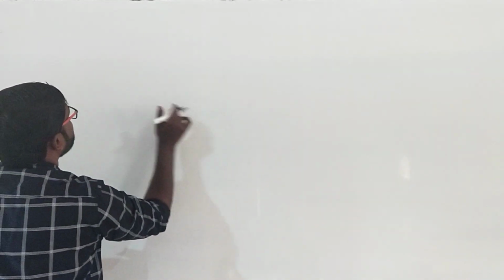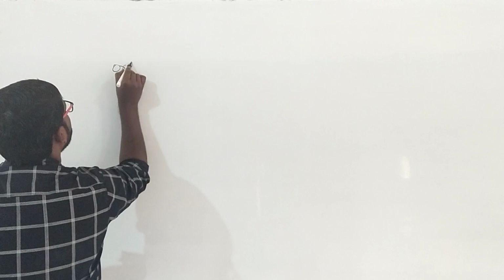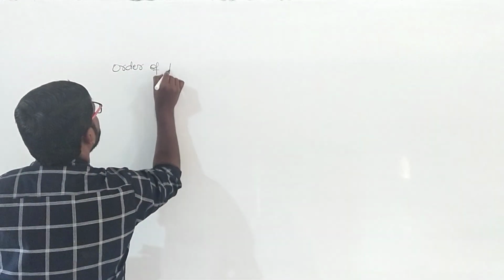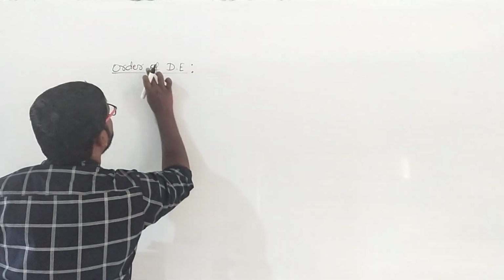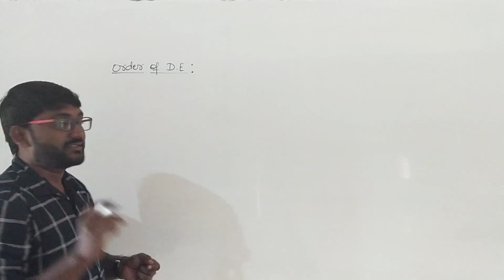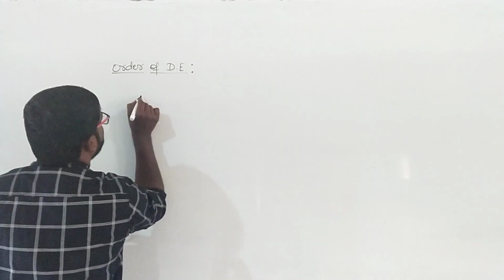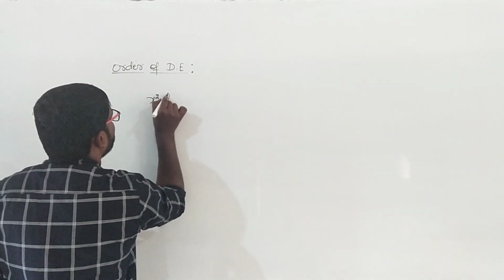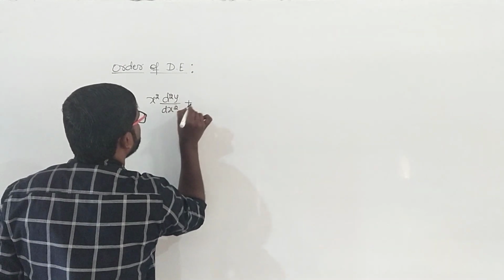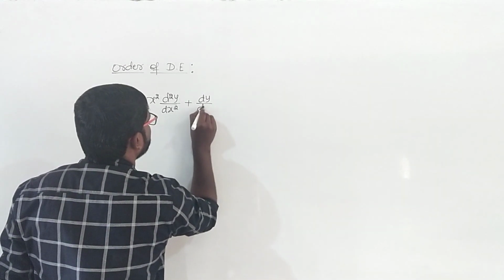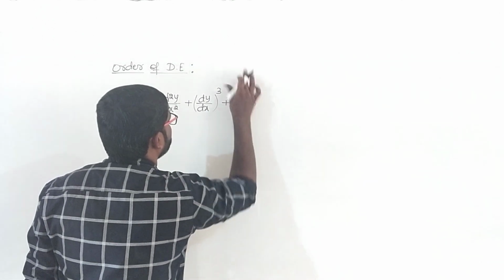Now the next one is the order of a differential equation. What is the exact meaning of the order of a differential equation? We'll discuss this with an example: x square into d square y by dx square plus dy by dx the whole cube plus y equals 0.